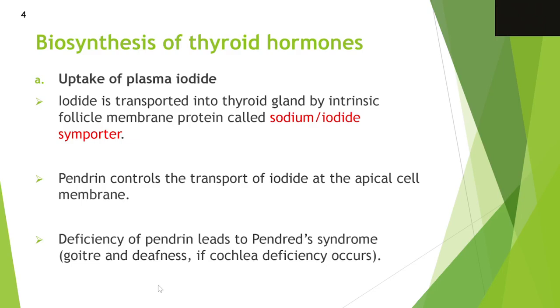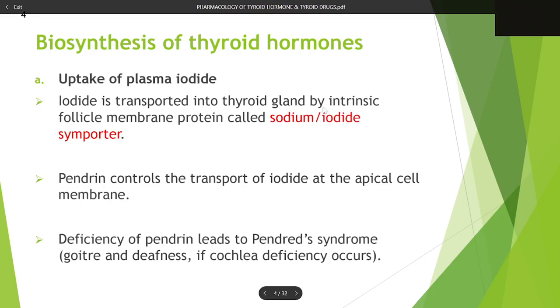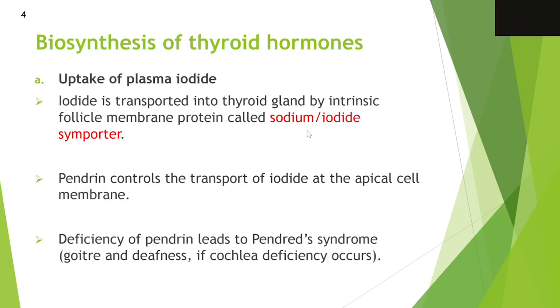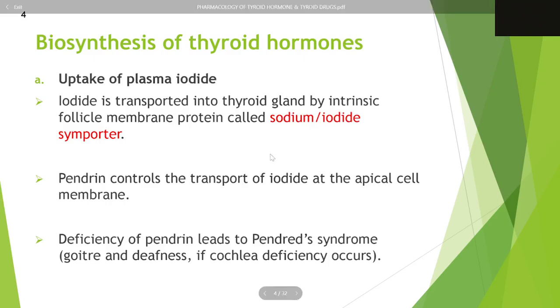Iodide is transported into the thyroid gland by an intrinsic follicle membrane protein called sodium iodide symporter. Sodium iodide symporter is the transport channel by which iodide is transported into the thyroid follicle.